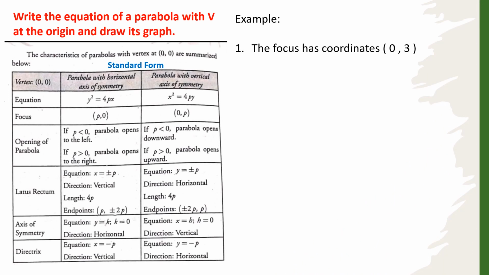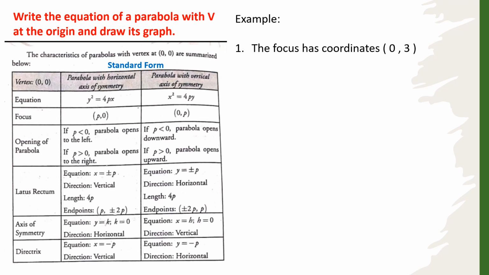Now, let us have this example. The focus has coordinates 0, 3. In here, we are asked to write the equation of a parabola with vertex at the origin and draw its graph.